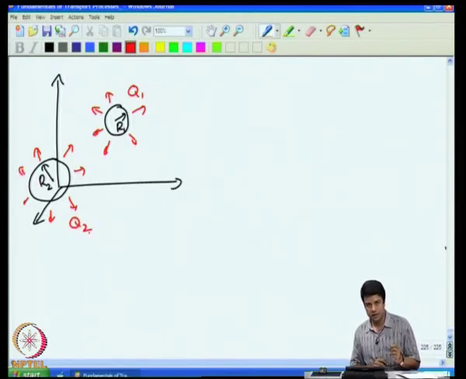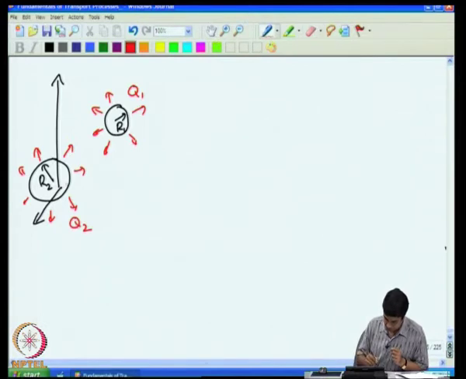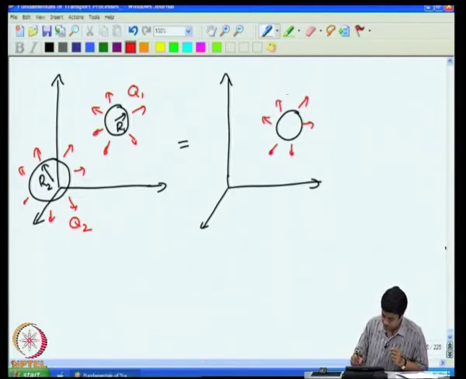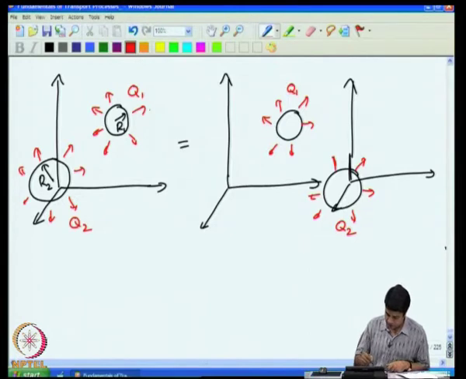In this case, I cannot separate it out into two parts, one consisting of q1 and the other consisting of heat coming out as q2. This is not possible.